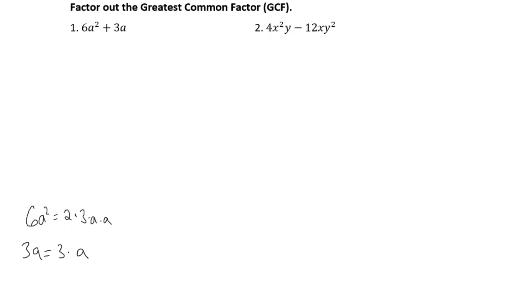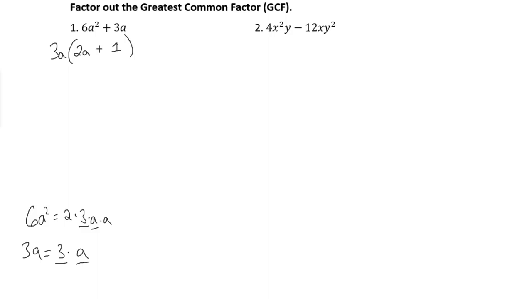So when we're looking for a greatest common factor, we look at the common factors they have. 3 and 3 are common factors, but a and a are also common factors. So 3a is the greatest common factor. We're going to take 3a and factor that out. And inside, what is left? Well, 3a times what gives you 6a squared? That's 2a. And 3a times 1 gives you 3a.